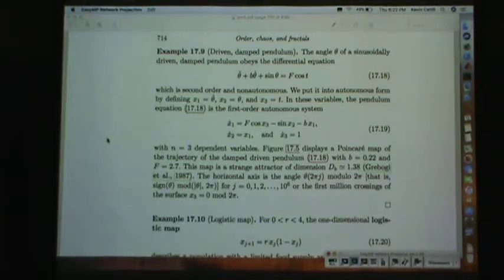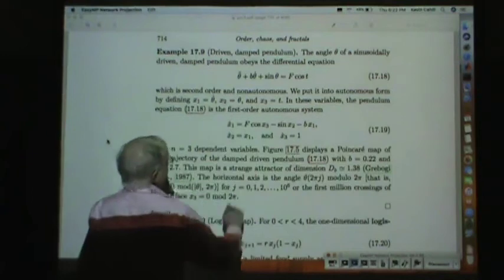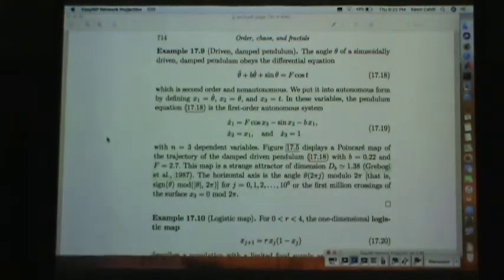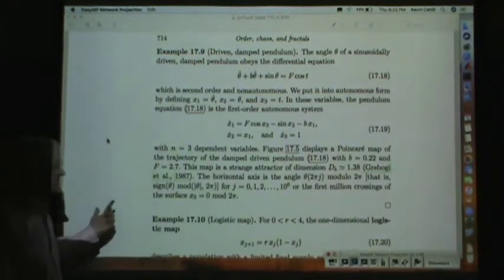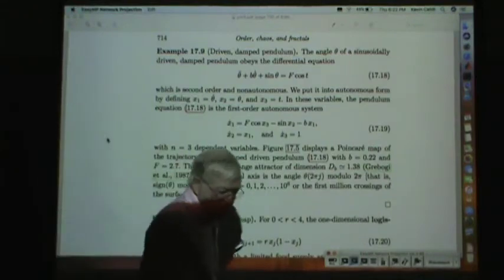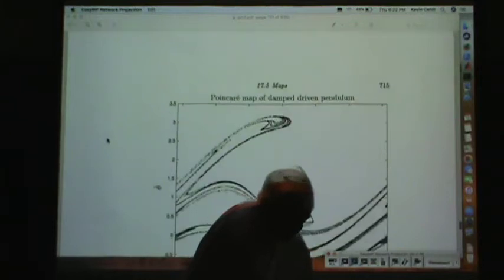So this then is a system of 3 dimensions, and you can imagine a Poincaré map of it, and this turns out to be a strange attractor, and it's actually quite interesting looking.